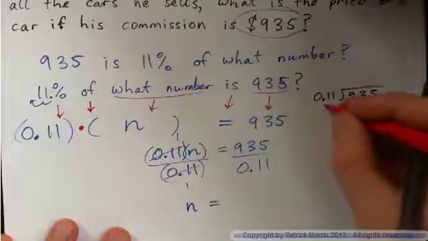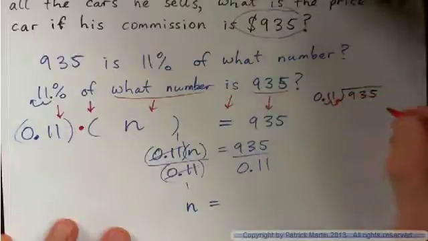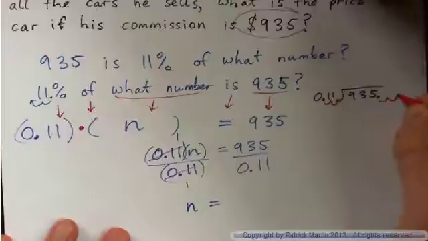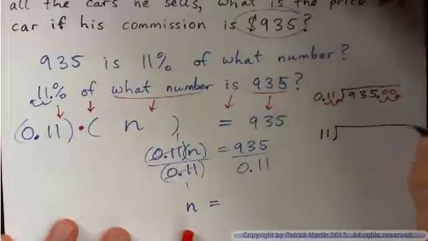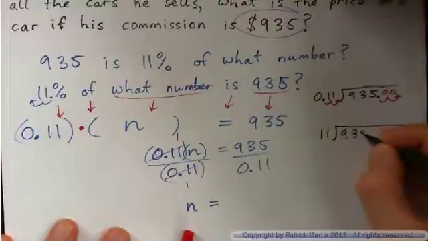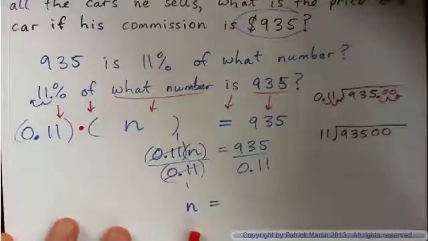Now let's move the decimal point 2 spaces to the right. And also on here, it goes 2 spaces to the right, giving us a couple of zeros. So this becomes the number 11, and this is 93500.